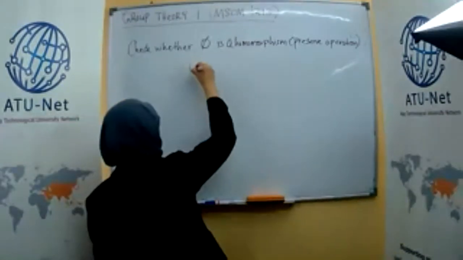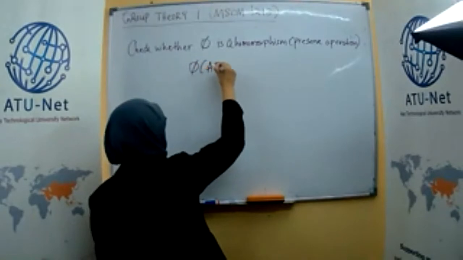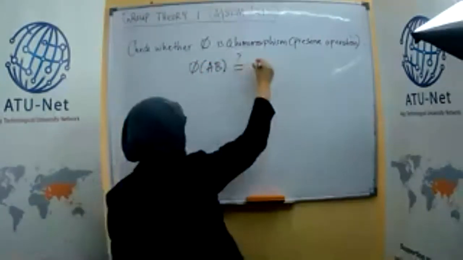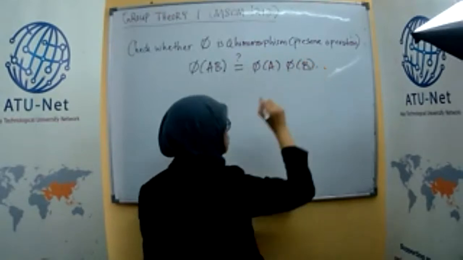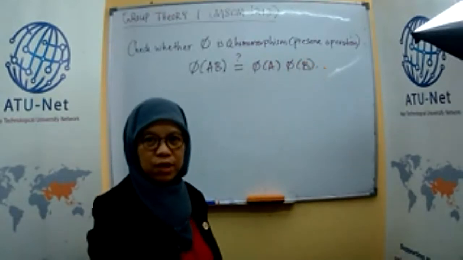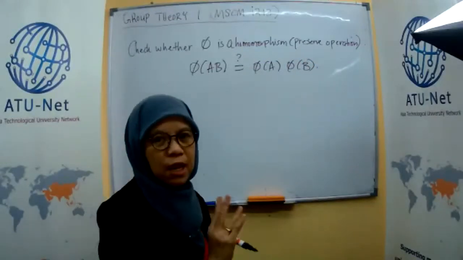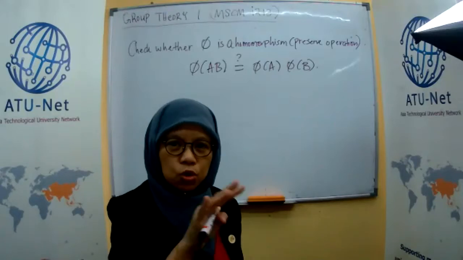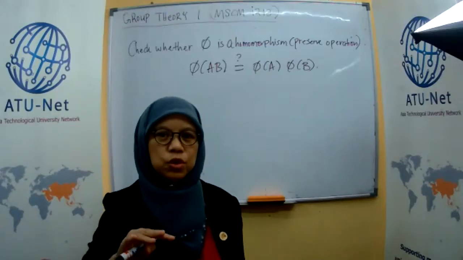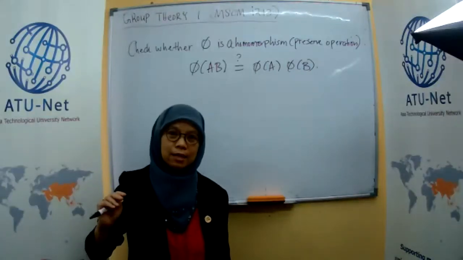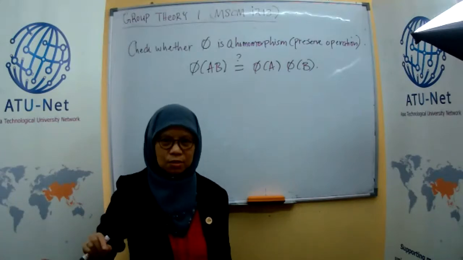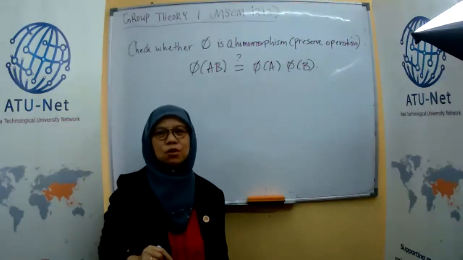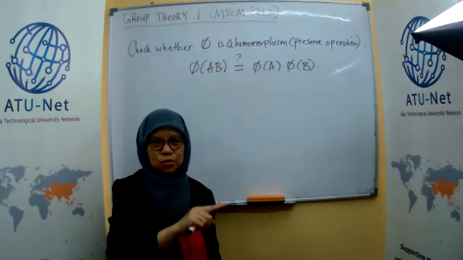So what do we have to show? We have to show phi of AB, is it equal to phi A phi B? The best way in proving is you start from the left-hand side, and then you go right, and you show it is equal to the right-hand side. Instead of taking left-hand side and stopping, taking right-hand side and stopping at the same place. Actually, you can just go, right?